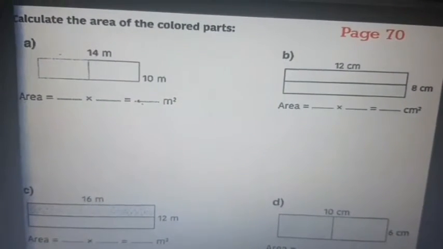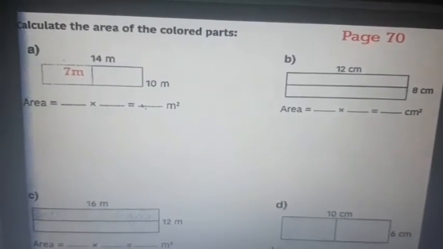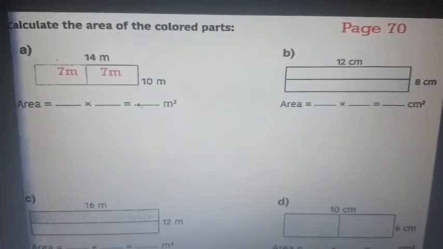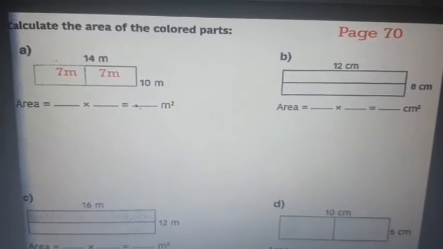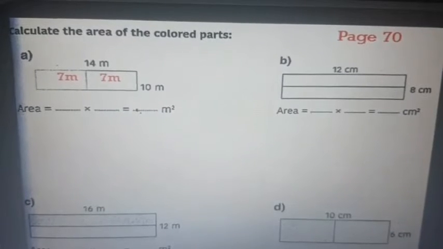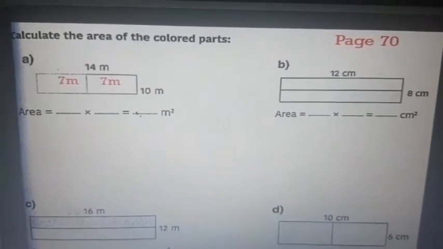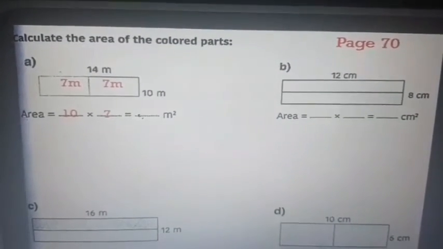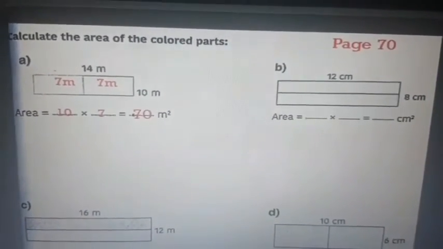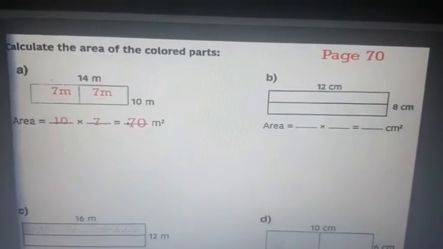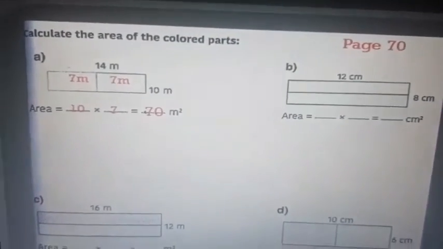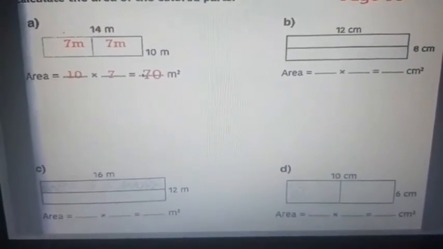To get the half of the length, 14 divided by 2 will be 7 meters. Each one equals 7. So the small rectangle has 2 dimensions, 7 and 10. So 10 times 7 equals 70 meters squared.